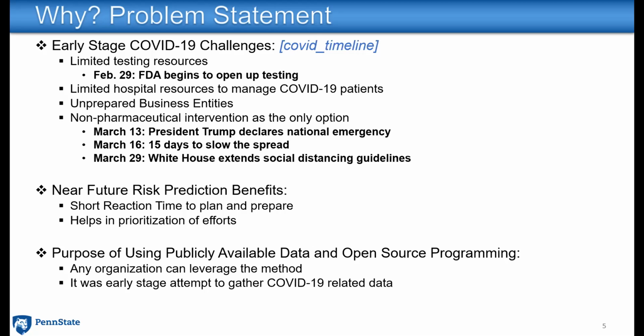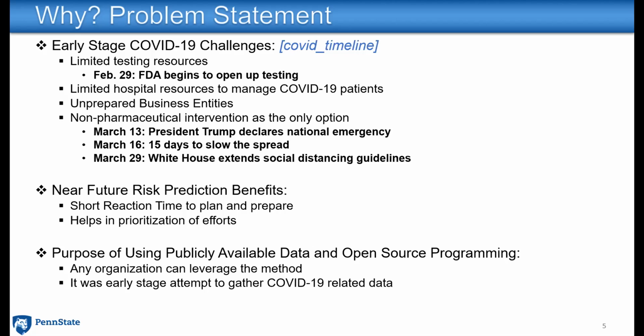Apart from that, the risk factors were not much known at that time. Again, during this time, near future risk prediction has benefits. It gives you short reaction time to plan and prepare. Also helps you in prioritizing your efforts.